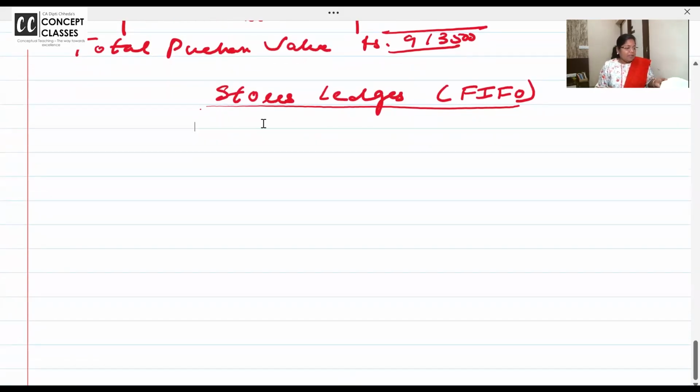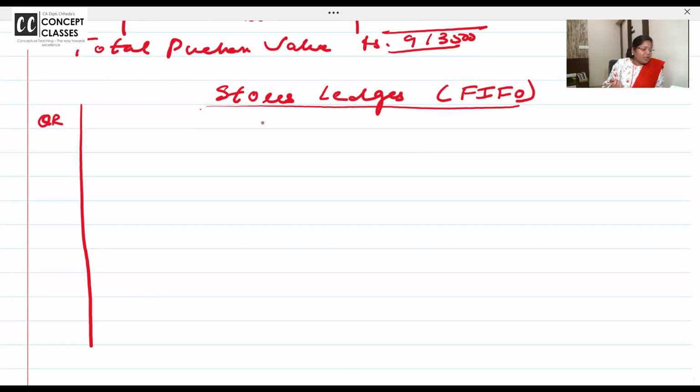Yeah. Let us take the stores ledger part of this. Which method? First in, first out. अब stores ledger के लिए scaling करना पड़ेगा, हाथ से करेंगे तो अच्छा नहीं आएगा. This side we'll write the quarter. Okay. And then receipt, issue and closing.